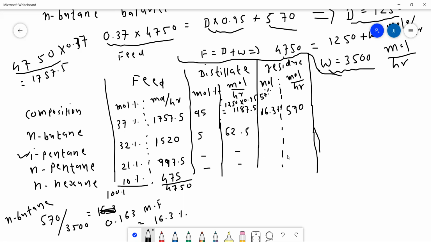So this will be 997.5. If you divide 997.5 by 3500, you will get 0.285.